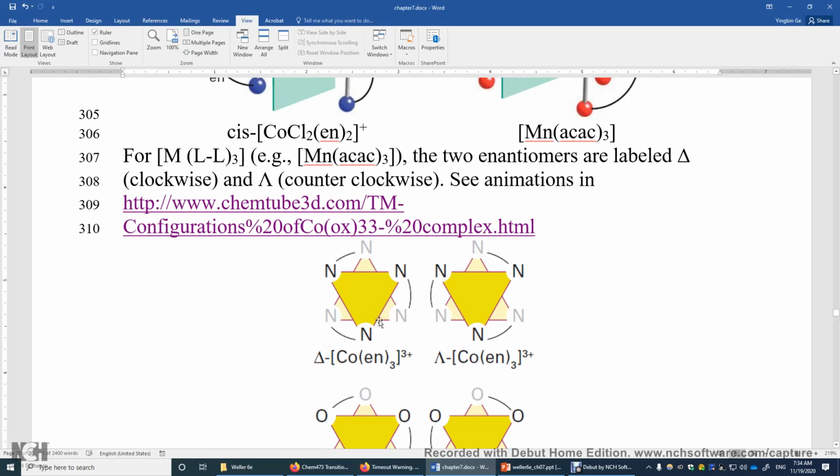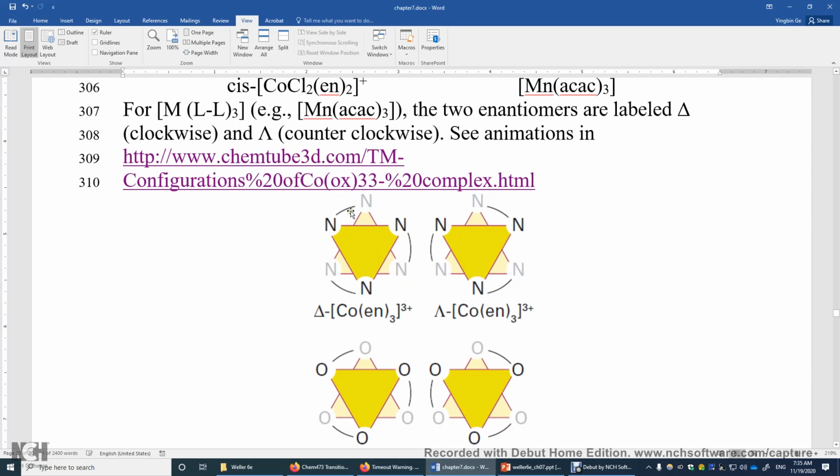So over here, this is another way to show you the structure of this kind of transition metal complexes with three identical bidentate ligands. So in this case, the points of attachment are just nitrogen, all right? And we label this delta.